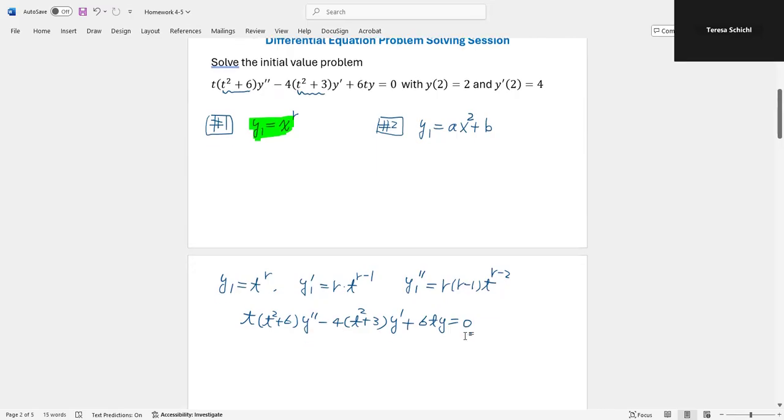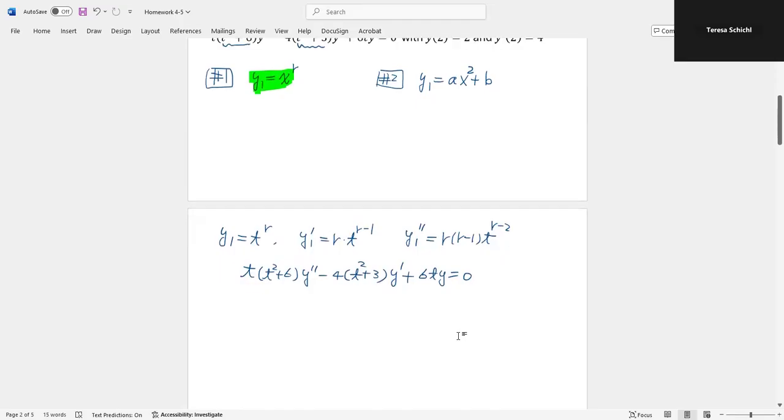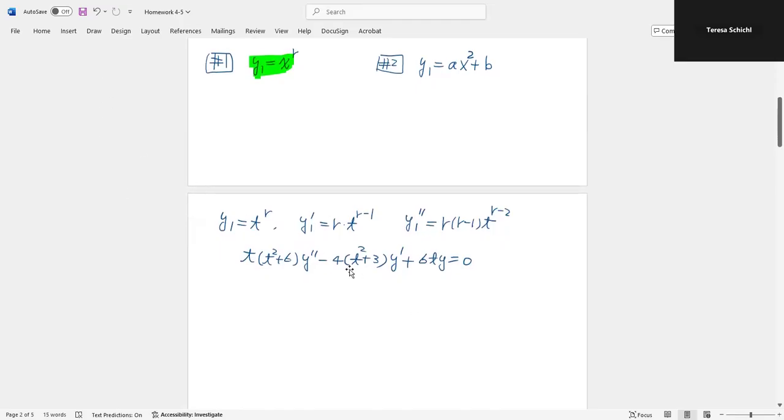Now I'm going to substitute what I got for y1, y1 prime, and y1 double prime.